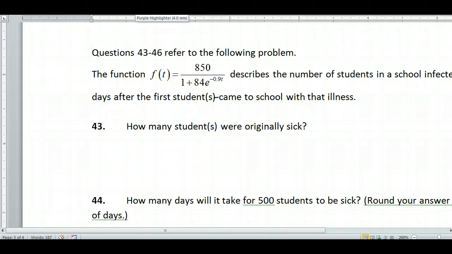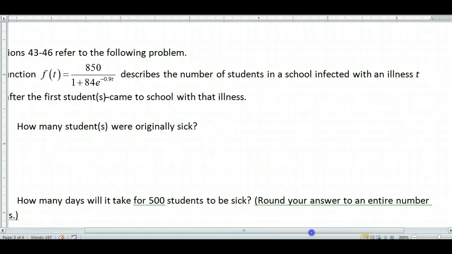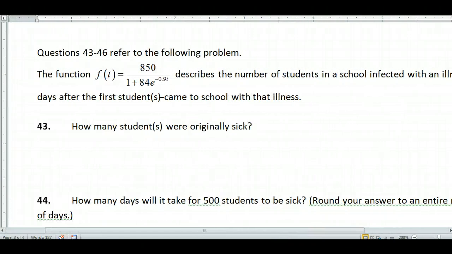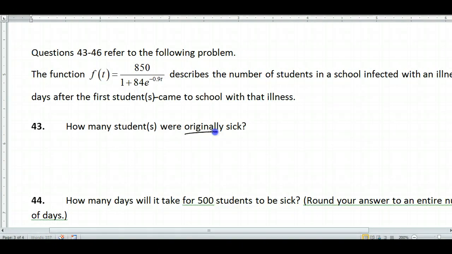Okay, how many students were originally sick? Oh well, I'll let you read the problem. How many students were originally sick? So originally in math means when the time is 0, or actually when the input is 0. And the time here is right there, so f of 0.